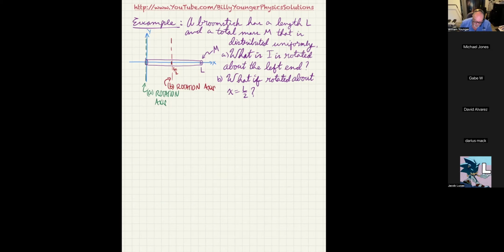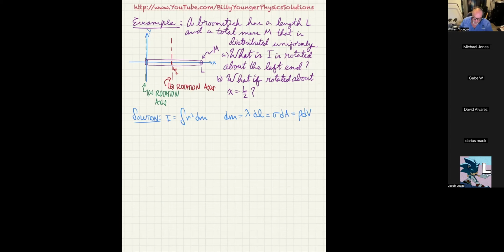Okay. Now, what I'm going to do is I'm going to recall that I is equal to the integral of r squared dm. And like I've told you, dm should be considered a linear mass density lambda times dl, or a two-dimensional area density sigma times differential area element, or a three-dimensional density rho times a differential volume element.